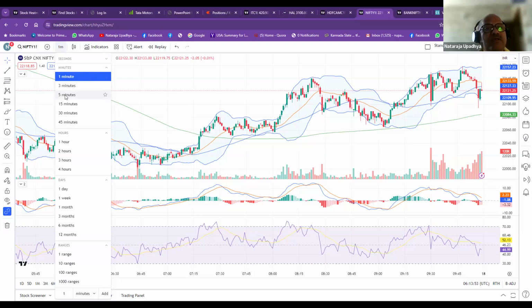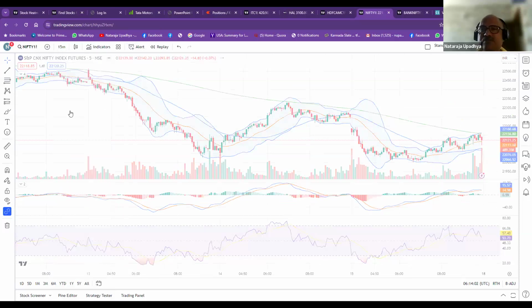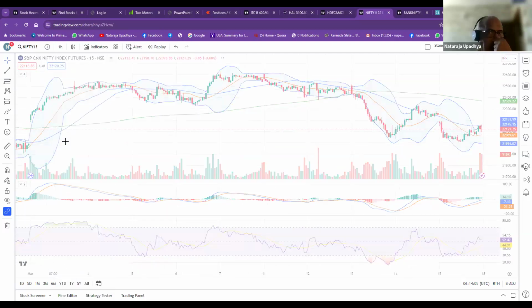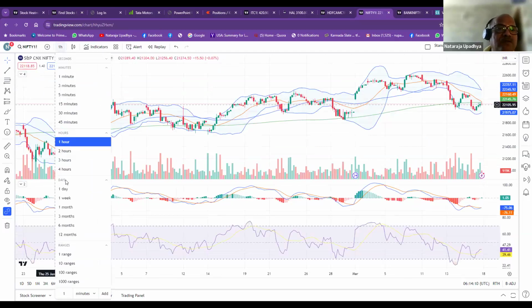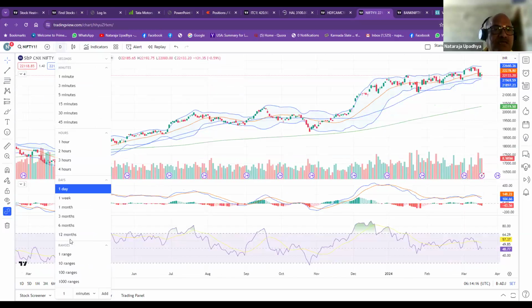You can get a different view if you ask for a 5 minute interval. Then the next one is 15 minute intervals. Like that, you can get a picture of how the price moves for a 1 hour interval. It can go in terms of 1 day intervals, and then you can also go by 1 week or 1 month intervals.